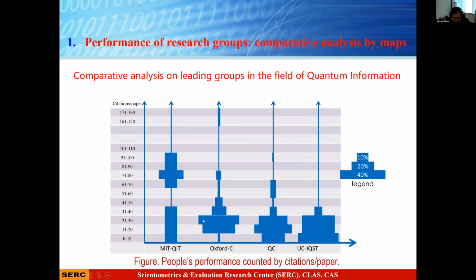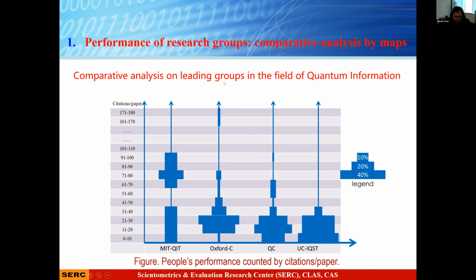And at Oxford's quantum center, most people have an average citation per paper from 21 to 30. So you can conclude that maybe MIT has the best people structure and a very good group structure.